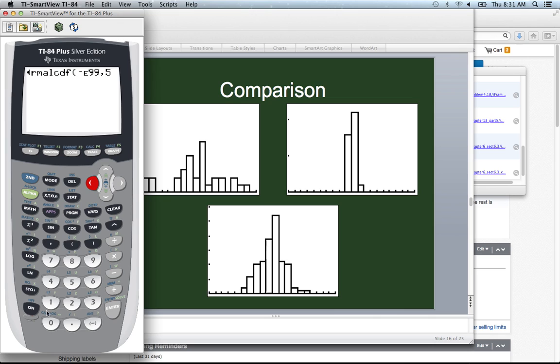I could have sworn I pressed the 1 there. 15.8. Hypothesized mean for the population 16. Standard deviation's 8 divided by the square root of 6. Oops, I did that again. Hold on now. I need to do a right arrow to get out from under that radical and then close the parentheses.